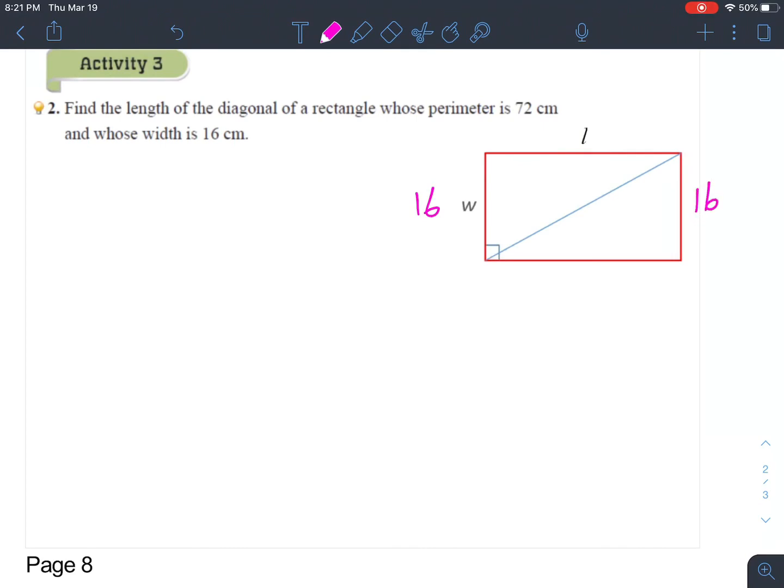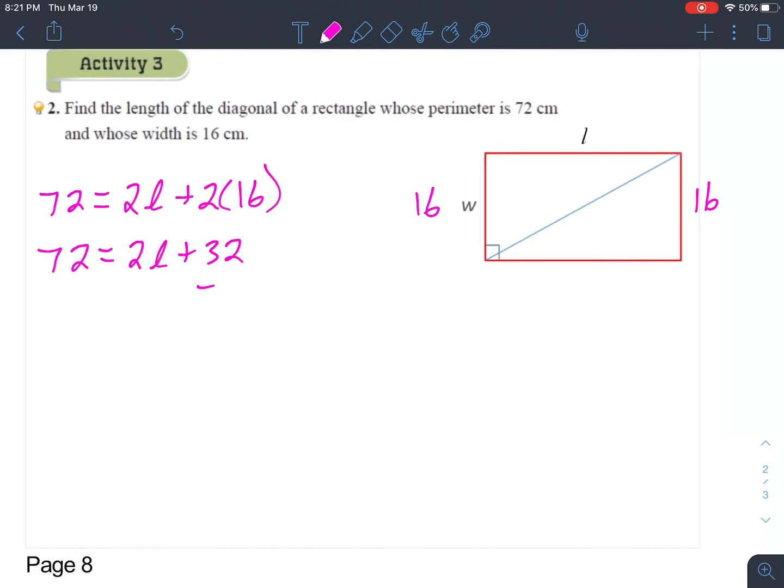Okay, so if we know that the width is 16, we should just go ahead and fill that in. And we know that the perimeter is going to be the sum of the four sides. So to find the length, it's going to be 72 equals 2 times L plus 2 times 16.